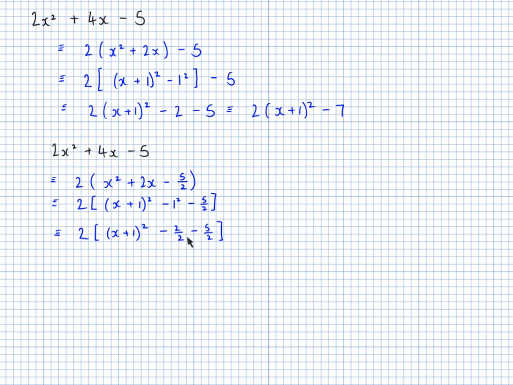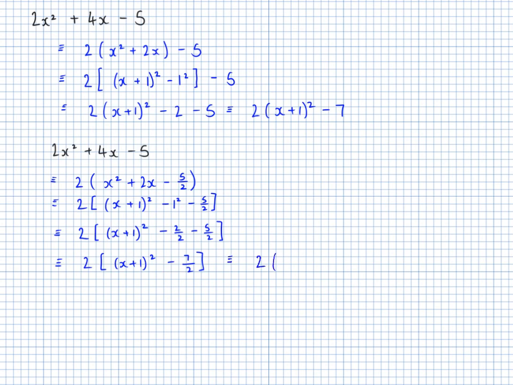Now I'm going to simplify or just subtract these fractions. So we're going to have 2 bracket x plus 1 here, squared, take away 7 over 2, and a square bracket. And finally, I'm going to multiply this 2 to this bracket, and I'm going to multiply this 2 to negative 7 over 2. And what I end up with is what I had before.